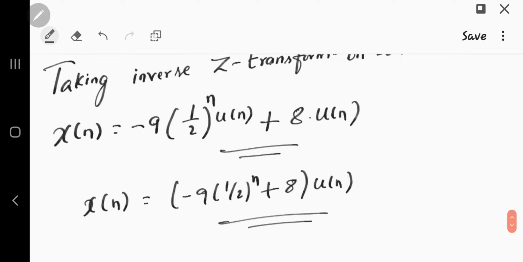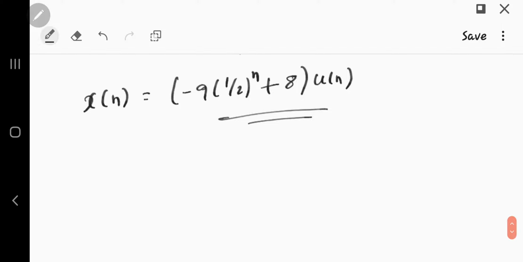Okay. Now I'll take one more example. Here it's a different approach. So let's see.